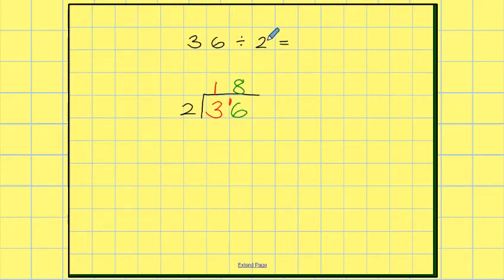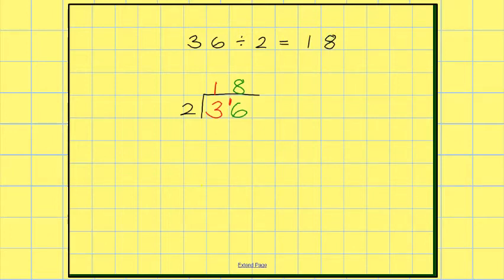36 divided by 2 is 18. And so as I've got my calculation open here, I'm going to put that there. Now, like I said, I've chosen this one because it's a double that we should know. Okay? You've got half of 36 is 18.